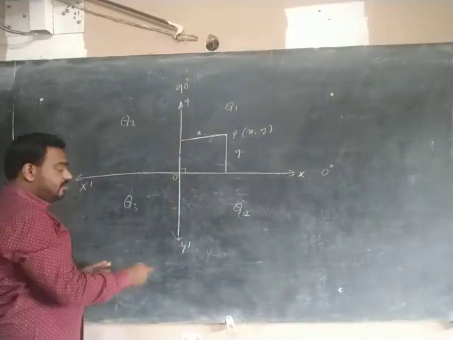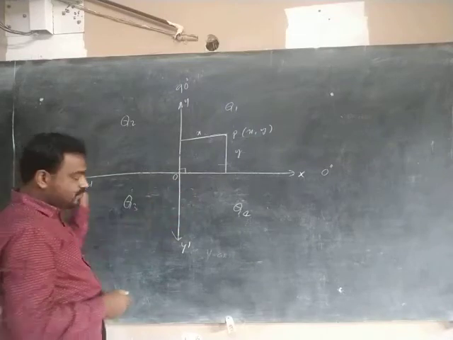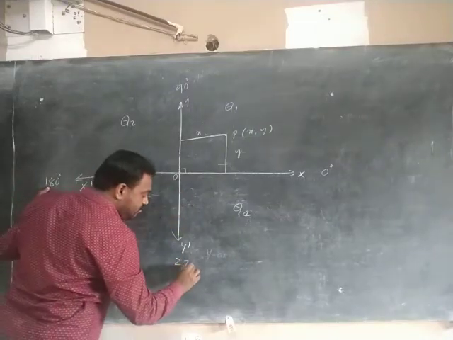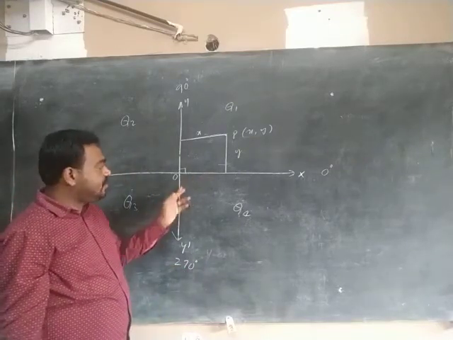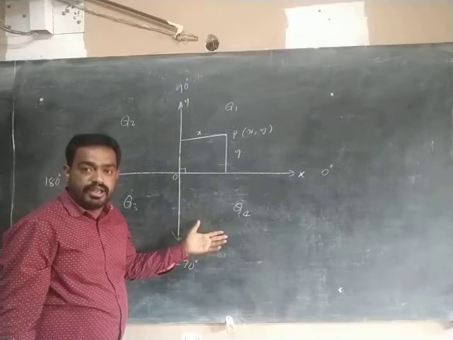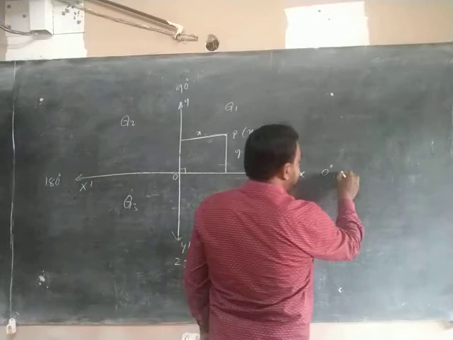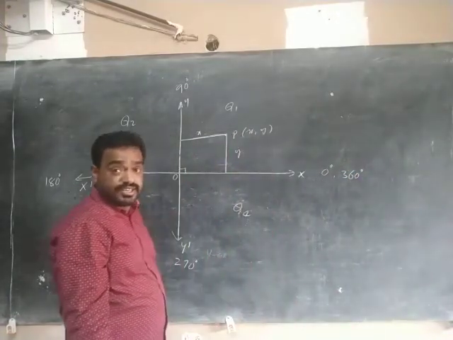Next we come here, again perpendicular, so we add another 90. 180 plus 90 is 270 degrees. Here these two are also perpendicular, so again we add 90. 270 plus 90 is 360 degrees.